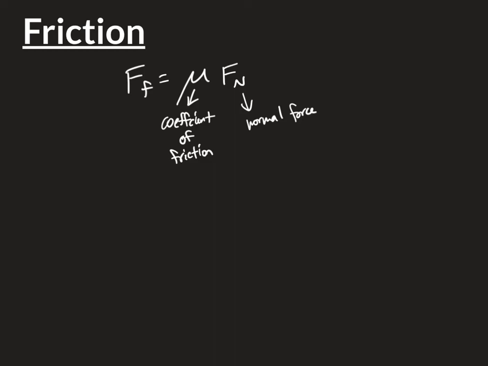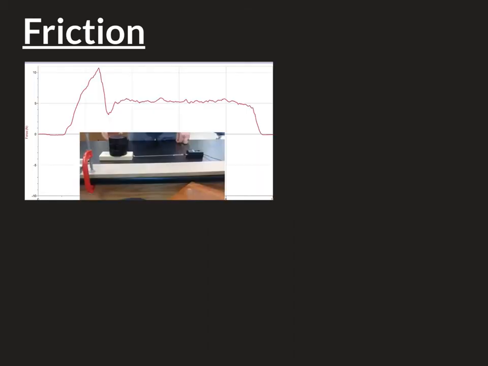So what would this look like in an actual problem? Let's do one, and let's actually figure out the coefficient of friction for both the table and for the piece of MDF. Let's take a look back at this graph we made for the complete total mass sliding against the table.